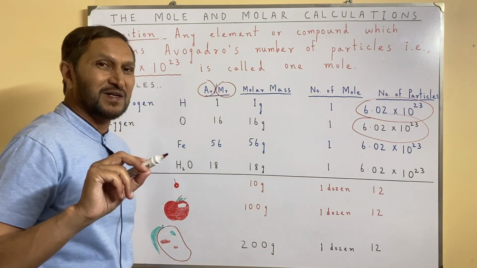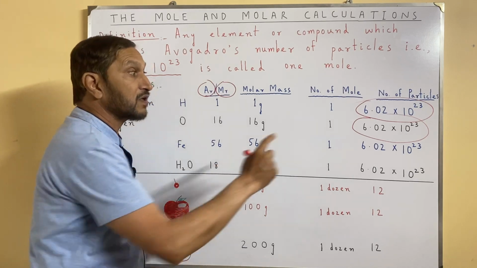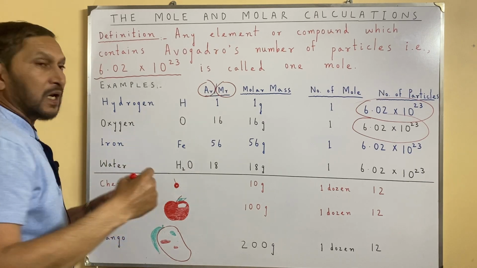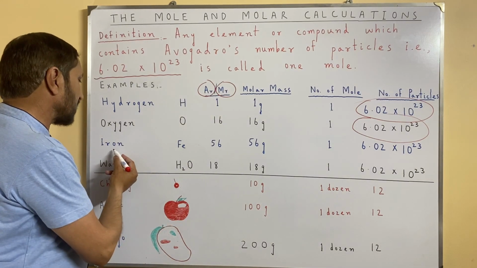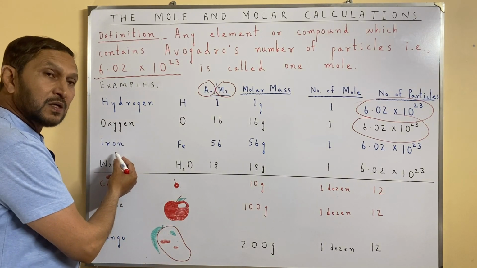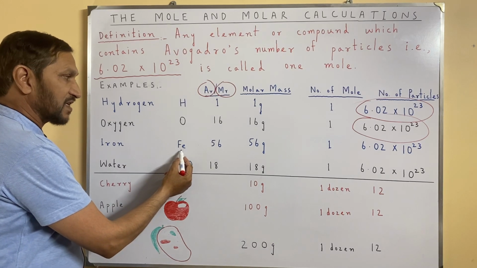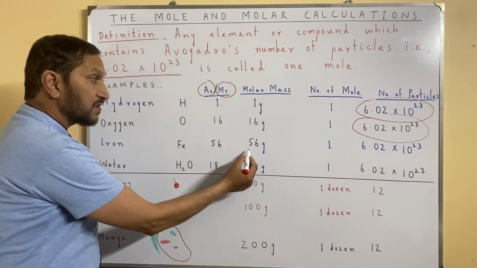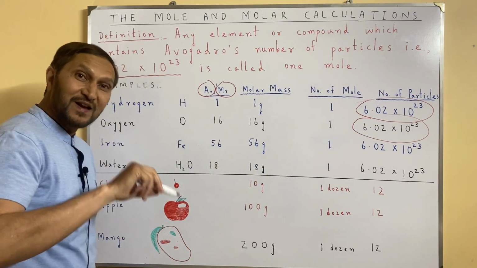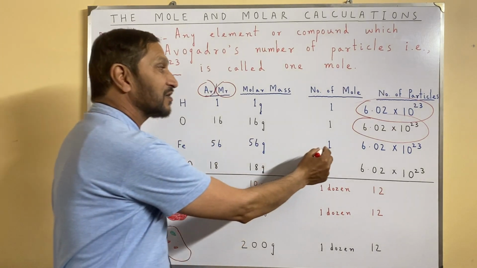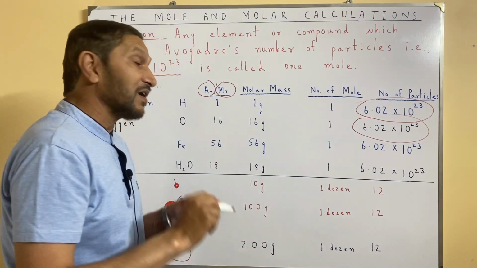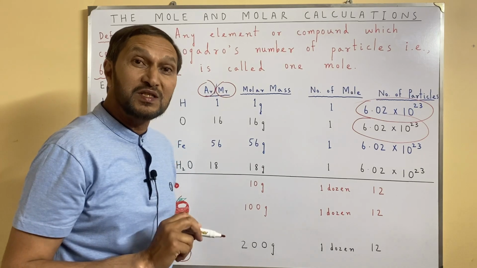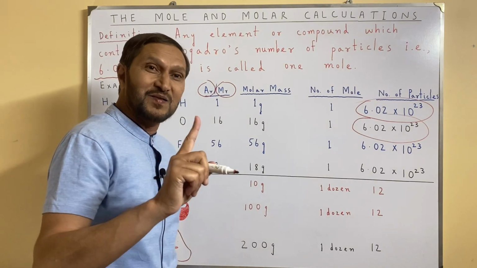It's a very large number, having 23 zeros along with it. Similarly, taking the example of iron, its chemical symbol is Fe, its relative atomic mass is 56. If we take 56 grams of iron, that will be 1 mole of iron, and that will again contain 6.02 × 10^23 iron atoms.